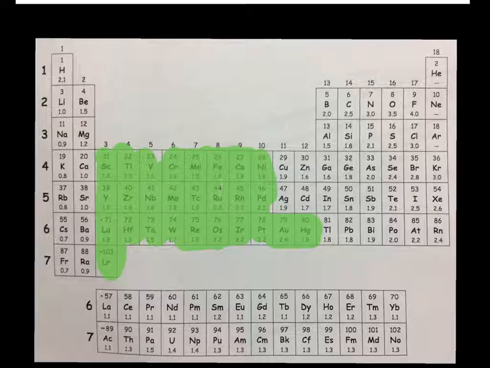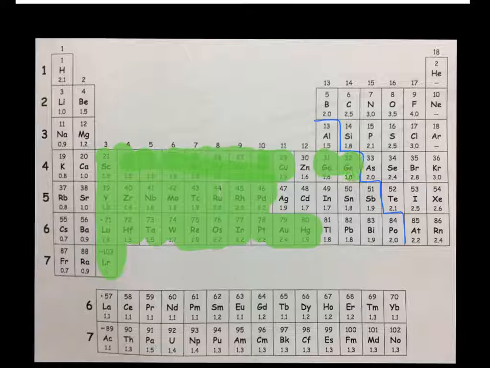So you should have your periodic table look something like this, using a colored pencil or something to help you remember what it looks like. Whenever you go to take a test, you'll have a visual memory of it because you're using it so much.